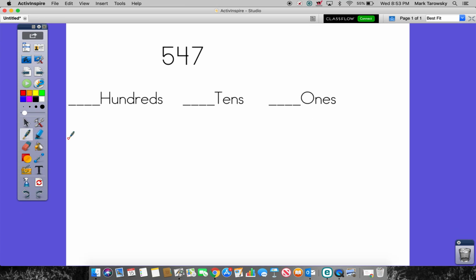In this case, this isn't asking us for the expanded format. It's flat out asking, how many hundreds do we have here? And in this number, we have 5 hundreds. We have 4 tens.